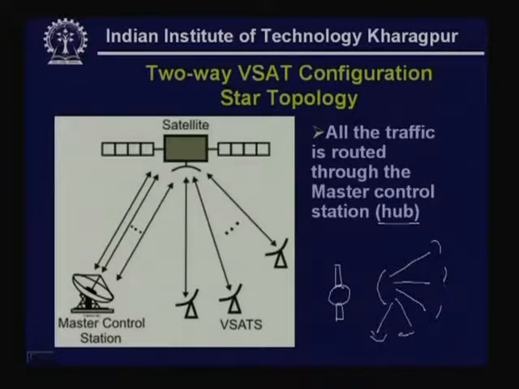So, all the VSATs are communicating through this master control station or hub. So, this hub is acting at the center of the star topology, and the communication is done in this way. So, this is the star topology that is being used.